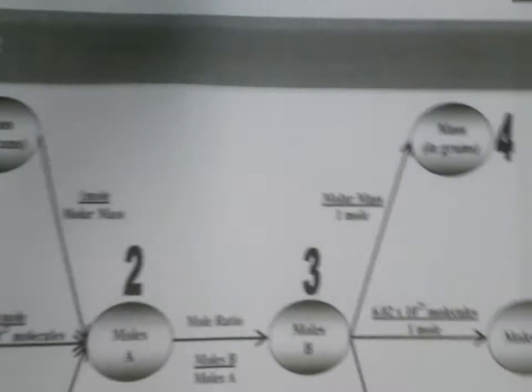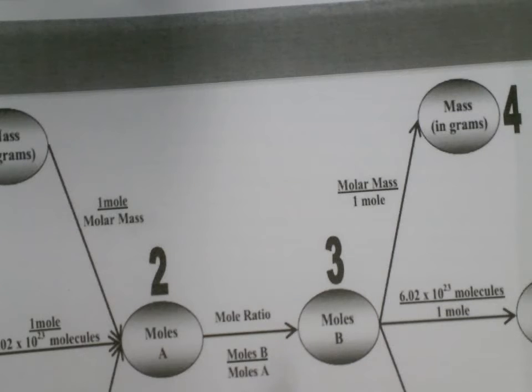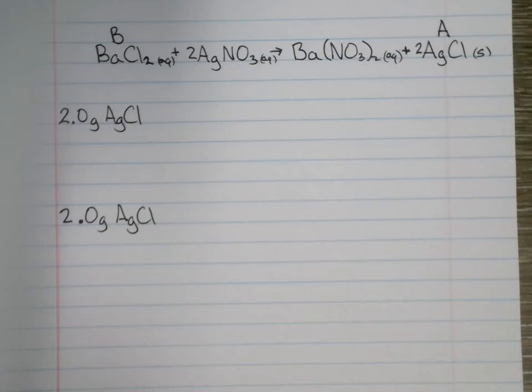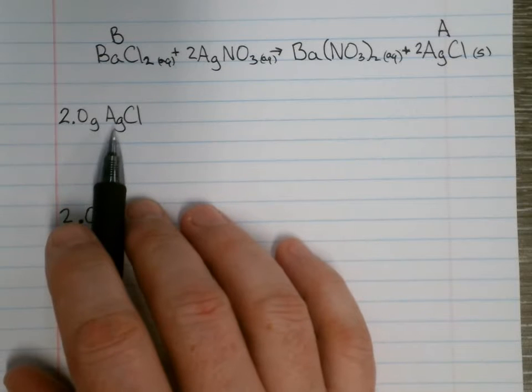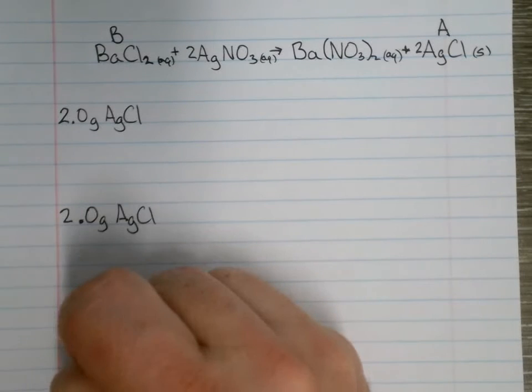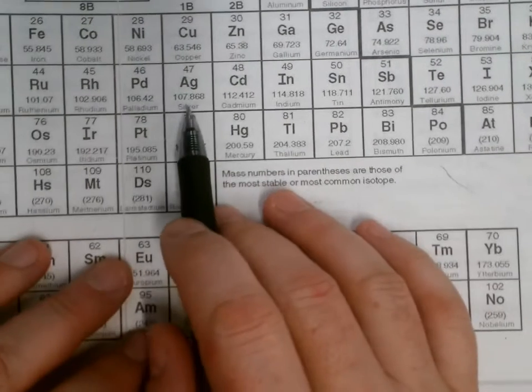So when we follow our flow chart, you go from 1 to 2, and that first conversion factor is the molar mass of substance A. So we need to get the molar mass of silver chloride. When you look at the periodic table, you find silver.